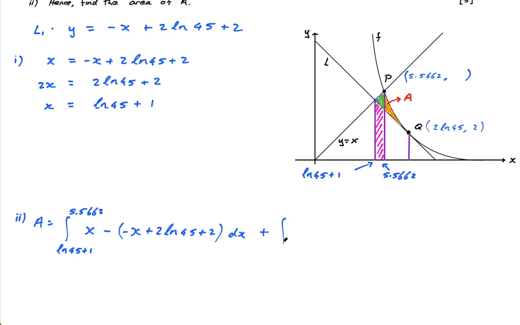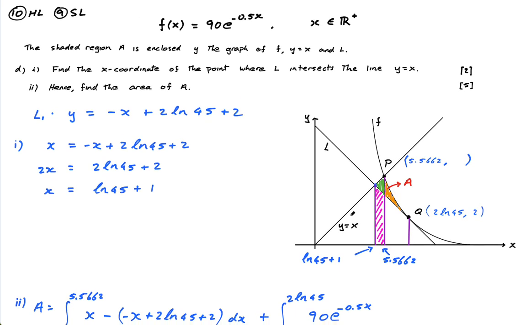So this second integral, which would be the orange area, has a lower limit of 5.5662 and an upper limit of 2 ln 45. And then this is the integral of f, which is 90 e to the minus 0.5x.